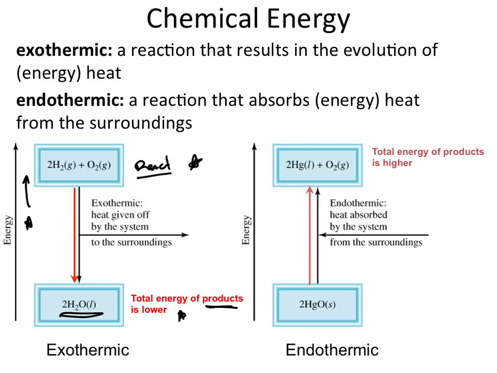If we look at the endothermic process over here, we have our reactants down here, and notice our reactants are lower in energy than our products. So in order to go from our lower energy reactants to our higher energy products, energy has to be added to the system. Heat will be added, and the surroundings will provide that heat energy. So energy will be absorbed from the surroundings, and we will see the production of our new products.